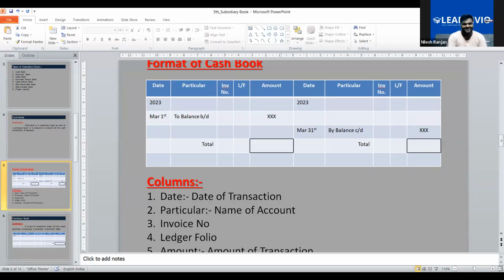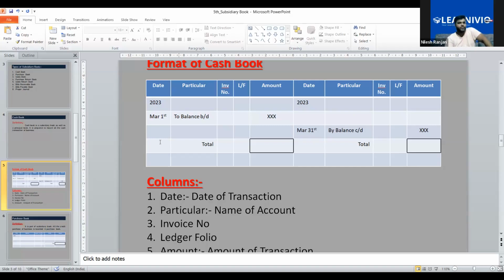I'm trying to find a difference. We have to find the difference between the cash account and the cash book. Okay, so cash book is where you record all of the cash transactions, right? No, no, I'm just asking you about the difference in format. Format you can see here. Yeah, I can see it.